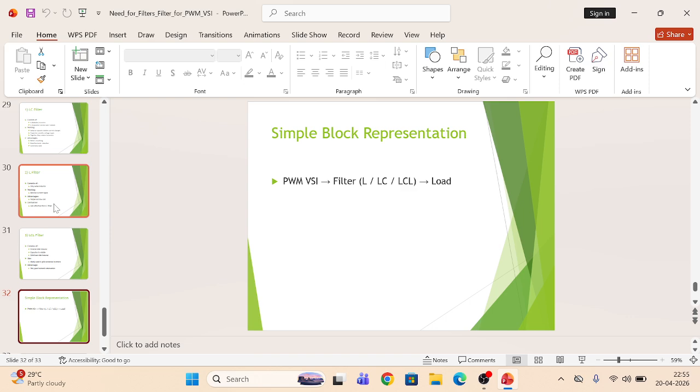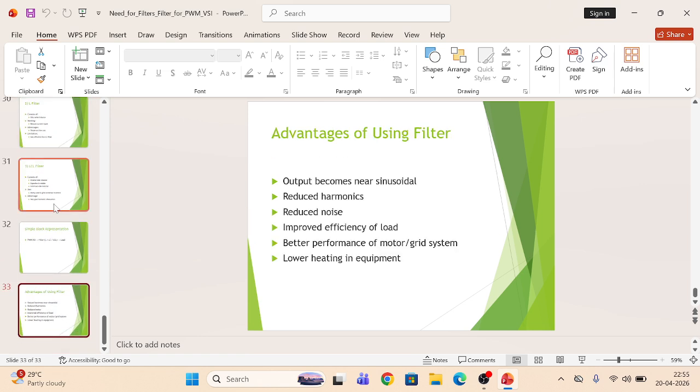So we use a filter after the inverter. The advantages of using filters are: output becomes near sinusoidal, it reduces harmonics and noise. It improves the efficiency of the load, gives better performance of motor and grid system, and lowers heating in equipment.